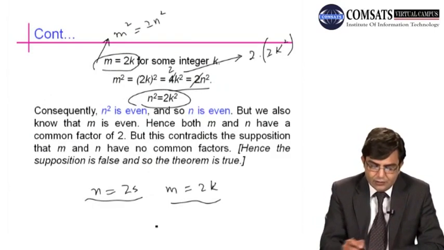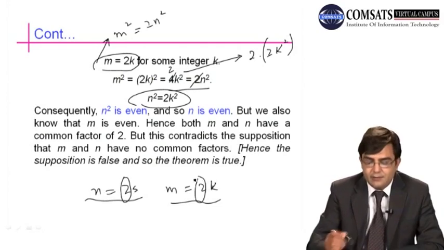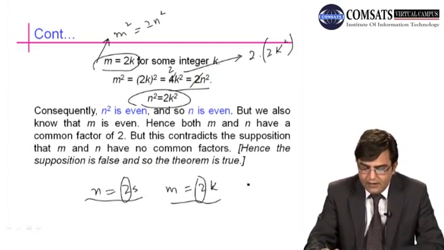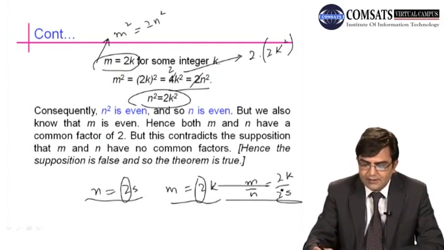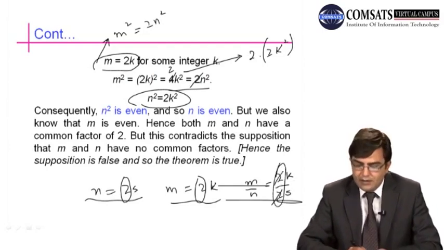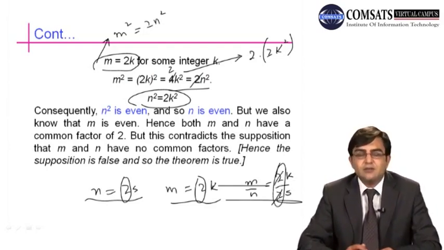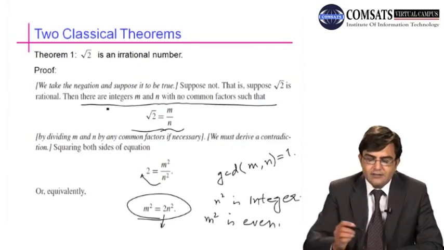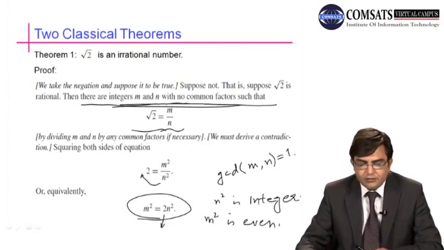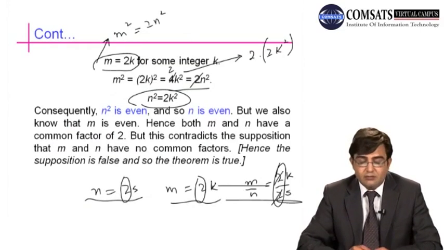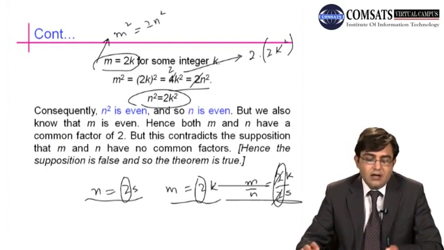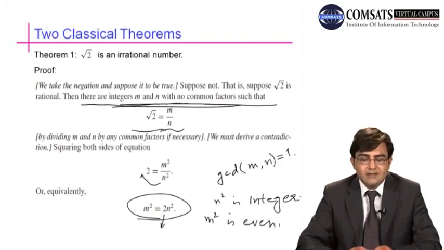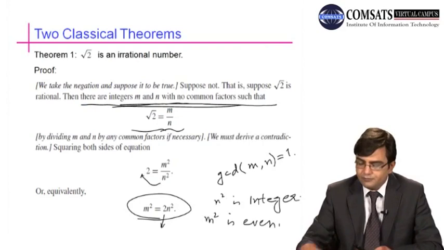Here we have arrived at 2 being a common factor between m and n, because m by n is equal to 2k over 2s. So 2 is the common factor between m and n, which is a contradiction to our supposition that m and n have no common factors. So the supposition was wrong, then what will be true? Square root 2 is an irrational number will be true.